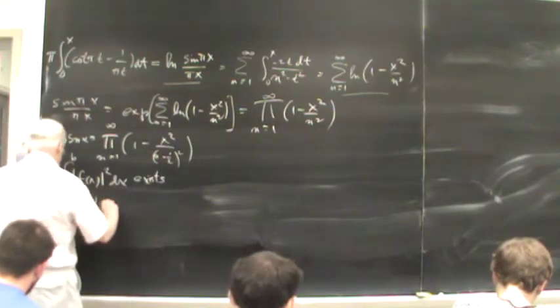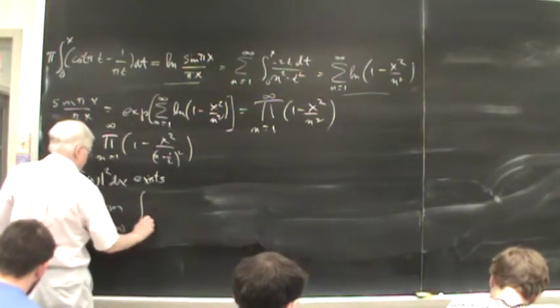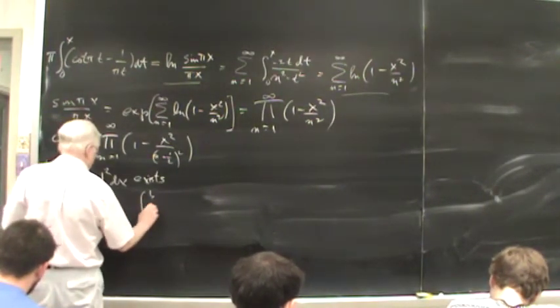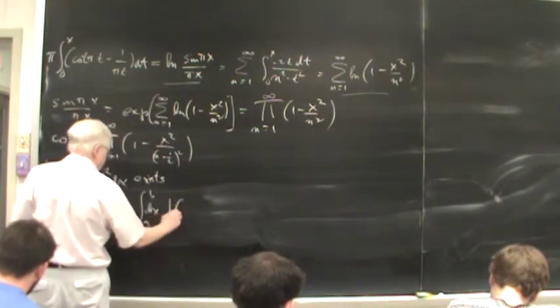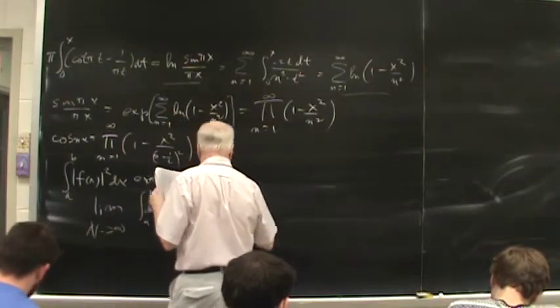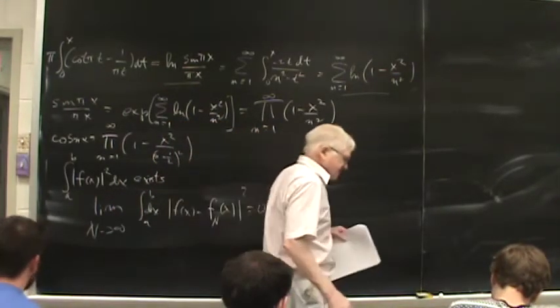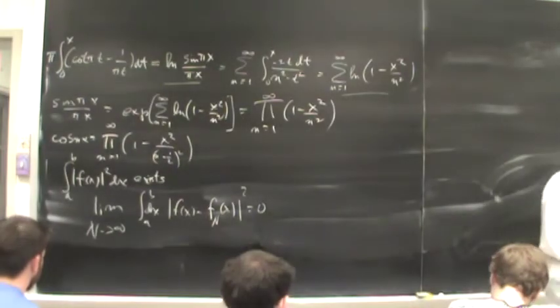That is to say, the limit as big N goes to infinity of the integral from a to b of dx, absolute value of f of x minus f sub N of x, squared, is 0. So in that sense, you have a convergent series.